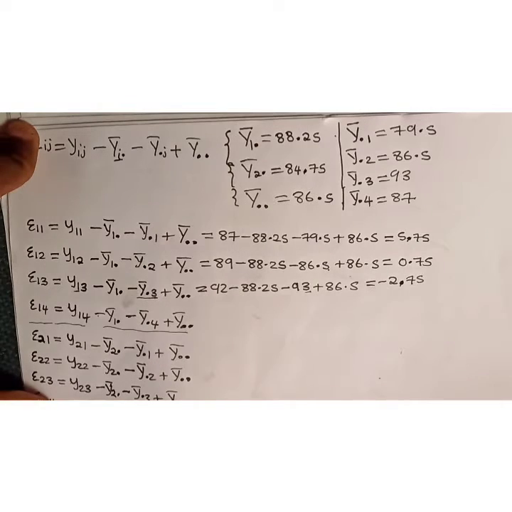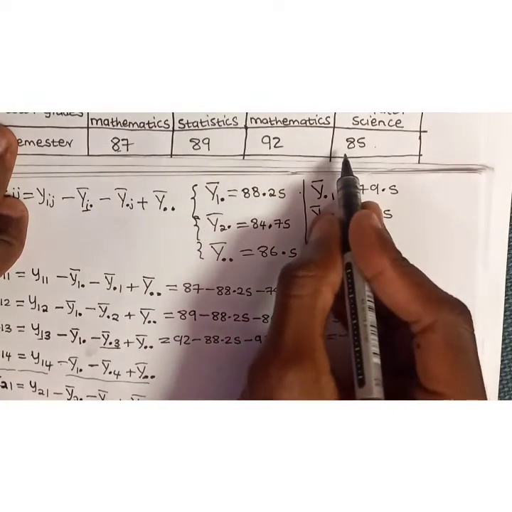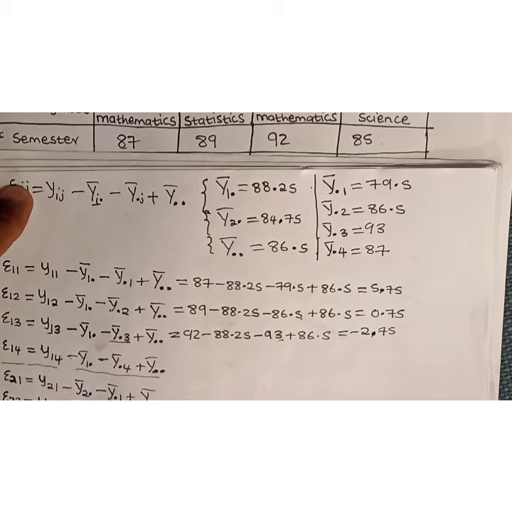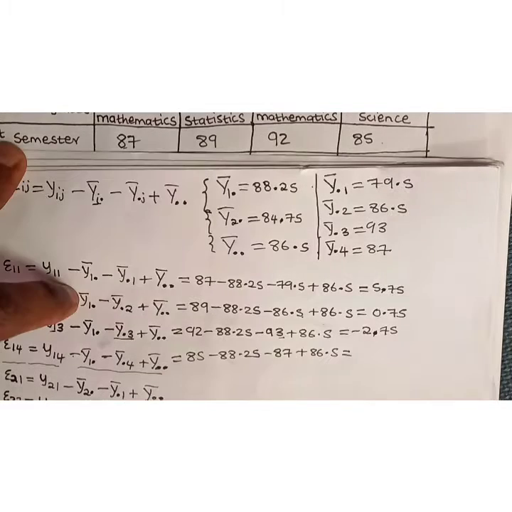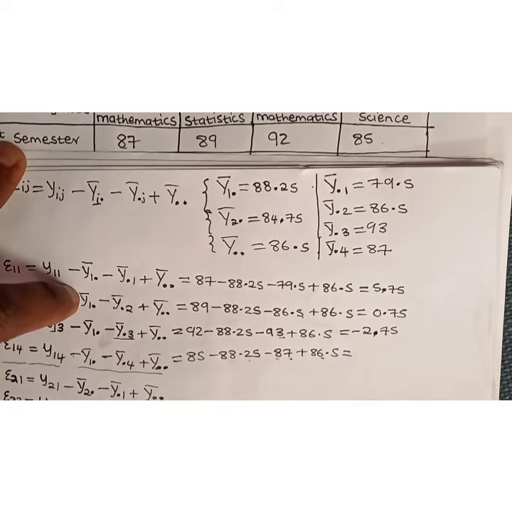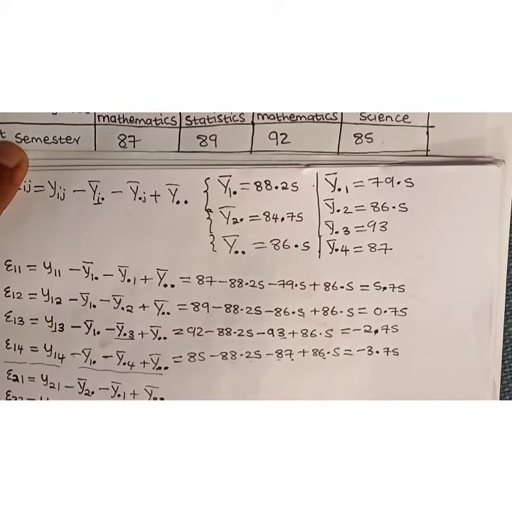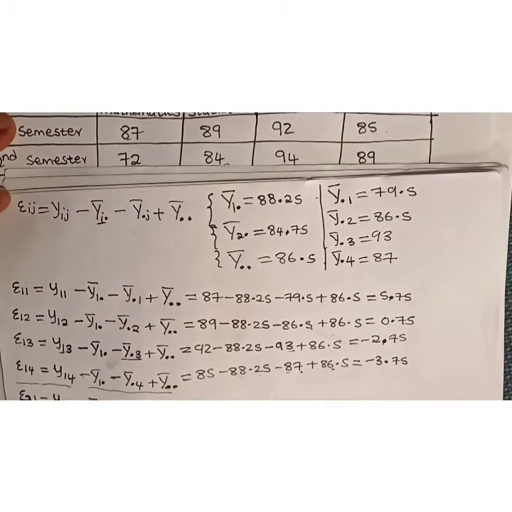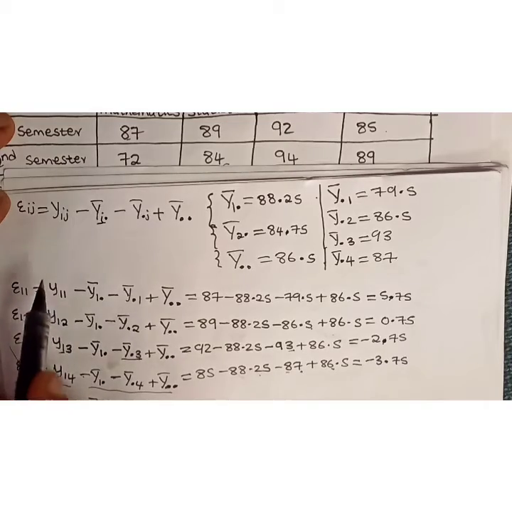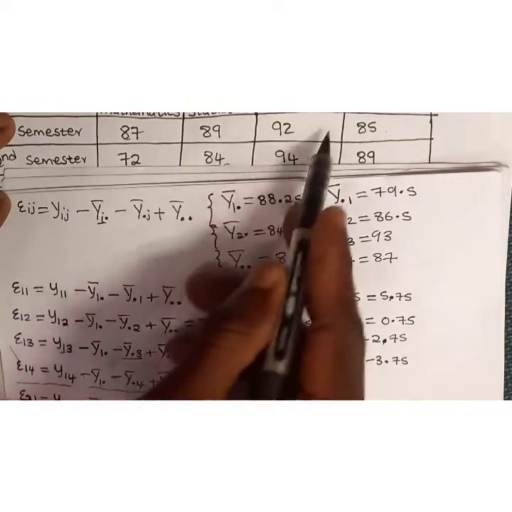E14 is given by the response on the first row, fourth column, minus the mean of the first treatment minus the mean of the fourth block plus the grand mean, which is 85 minus 88.25 minus 87 plus 86.5, and I get negative 3.75. Note that these first four errors correspond with the response on the first row.